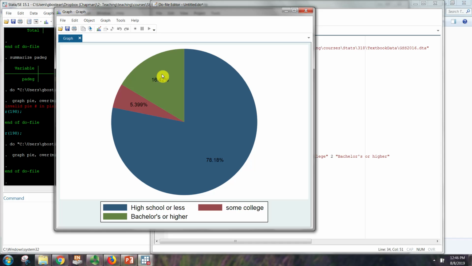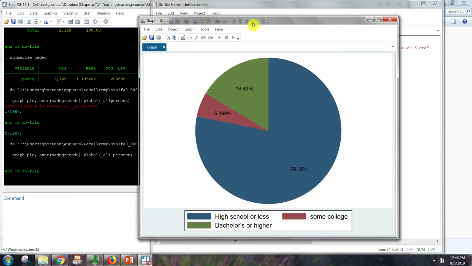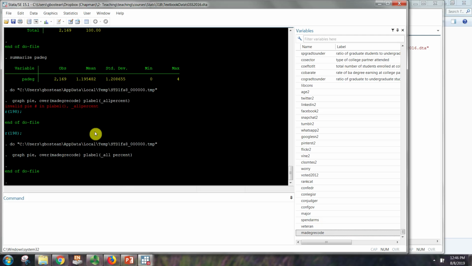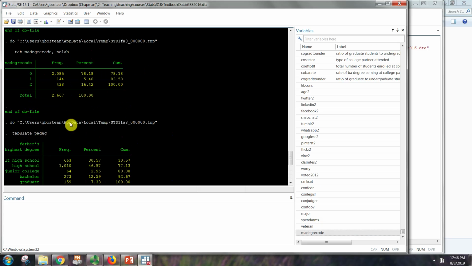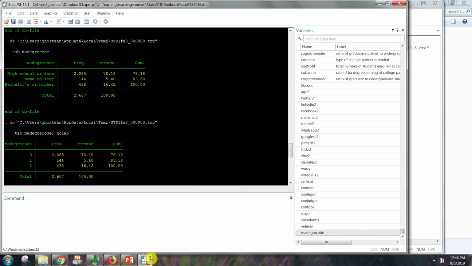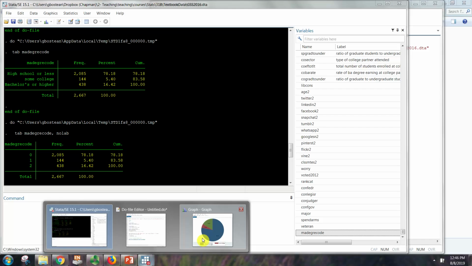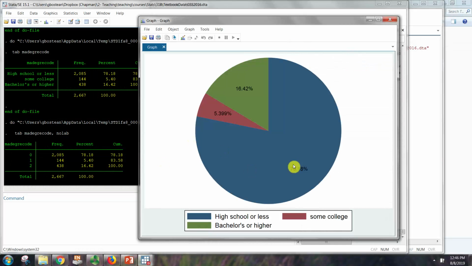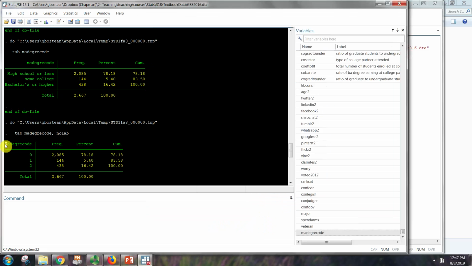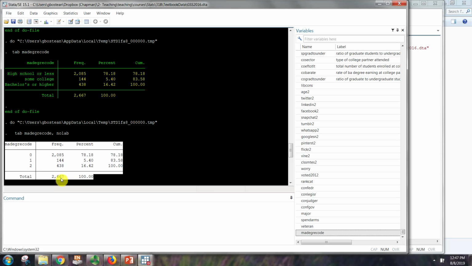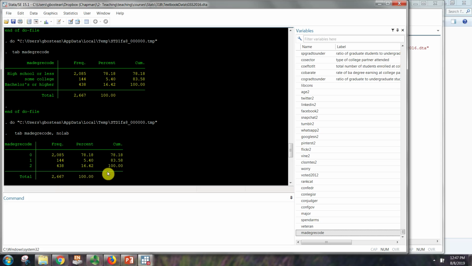So let's look at the percentages here and compare to what we had when we ran our tabulation. So the percentages for our pie chart, 78%, 5.4%, and 16.42% match the 012 code.